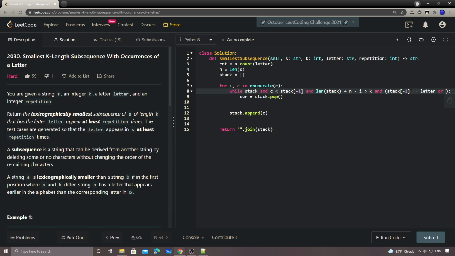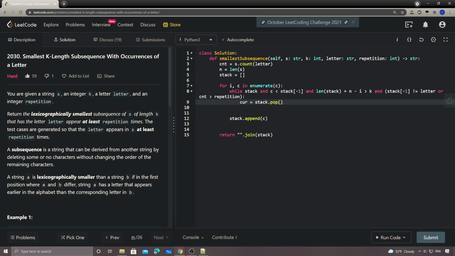Or, it means that this one is equal to the letter. If it's equal to the letter, we need to make sure we have enough remaining count to meet the repetition. So we check that the count is greater than the repetition, and then we can pop it out.